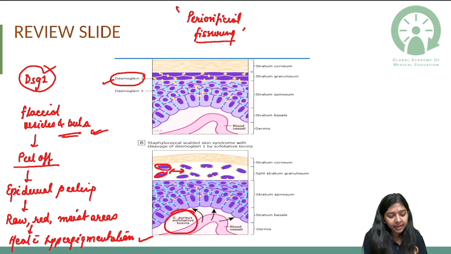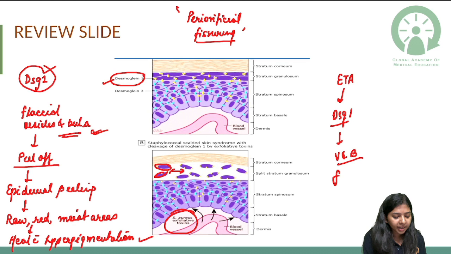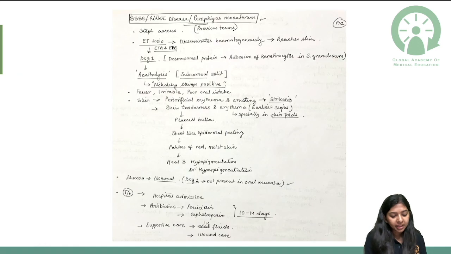So what is happening? The exfoliative toxin is cleaving the desmoglein, and that is leading to formation of vesicles and bulla, which are flaccid, right? The child will be febrile, irritable, and will present to you with these sheet-like areas of epidermal peeling and red moist skin.